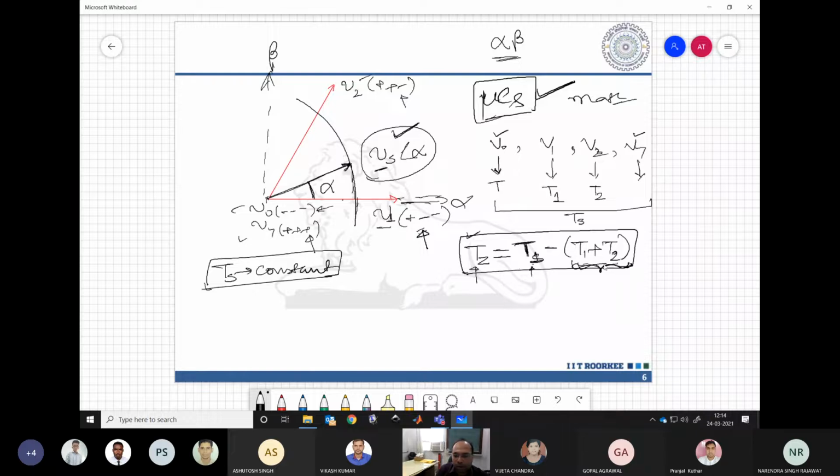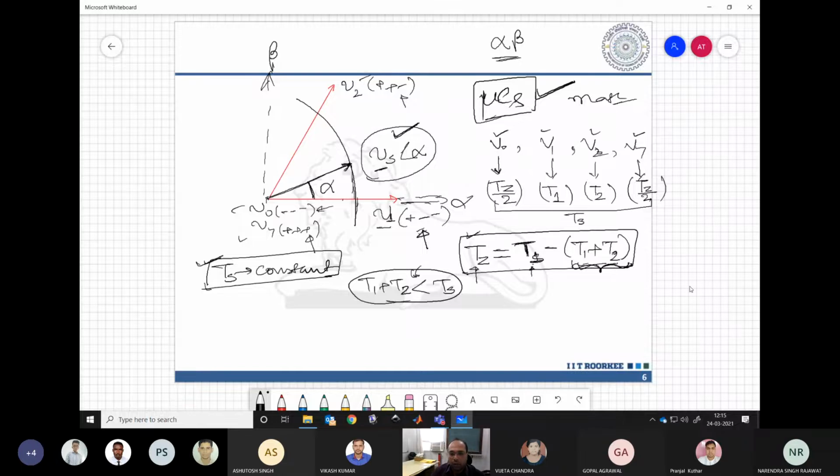So T1 plus T2 will always be less than Ts, and the remaining time we just stay at that point applying zero vector so that our Ts is maintained constant. Now, what about these vectors V0 and V7? How do we allocate Tz for these two? We apply both for half of the designated zero vector time. So now these are the time periods over which these vectors are applied.